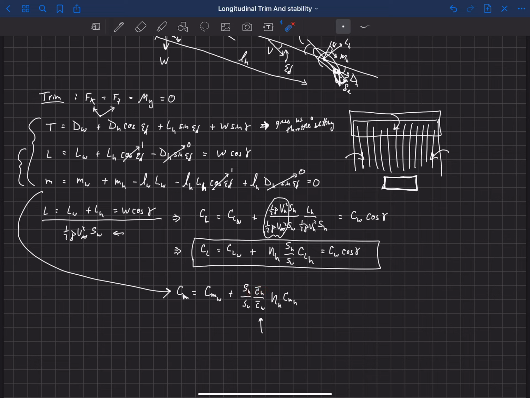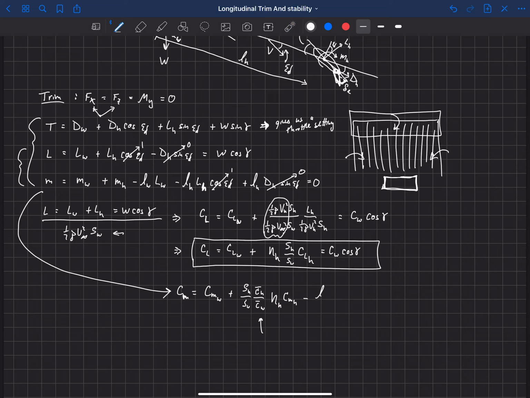So same reason we have this ratio of areas, we also have a ratio of C bar of the horizontal to the main wing, along with this tail efficiency that we're multiplying by the coefficient of pitching moment on the horizontal.